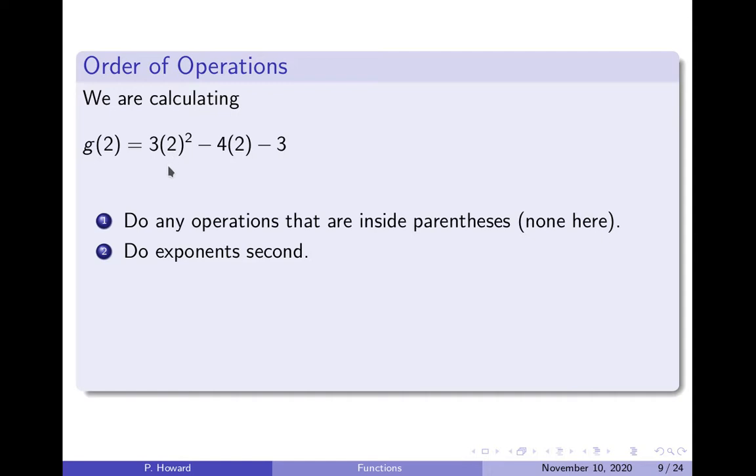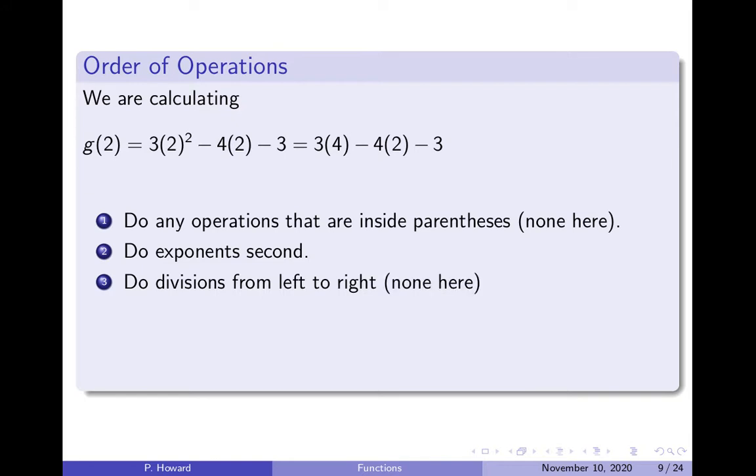And then you do exponents second. So there is one exponent here, the exponent 2 on the number 2. So the next step would be to square the 2. 2 squared is 4. So the resulting expression would look like this. Then you do the divisions from left to right.